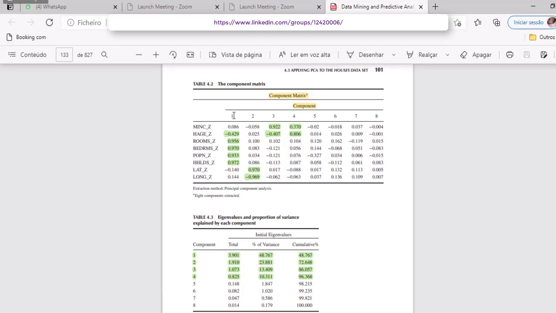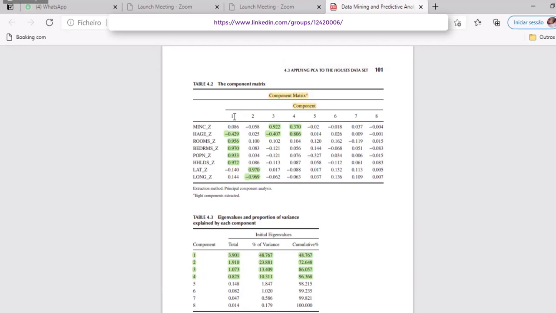So these values mean that we have one component for each variable, and we are not going to retain all the components, because we are only staying with the components that have a greater eigenvalue. The eigenvalue is this value here in this table, and the relationship between each component and the variables is this value here.